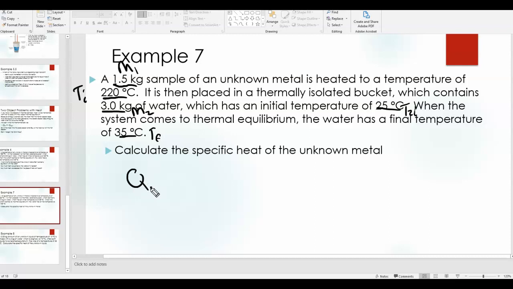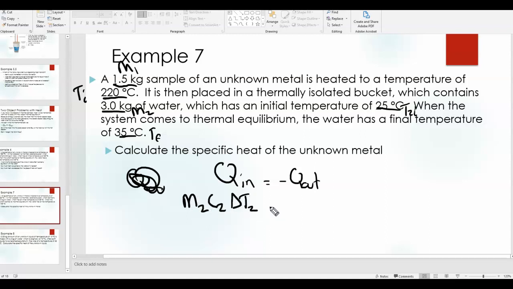So if I use the equation Qin equals minus Q out, watch how I do this. So Qin, it's going into the water, so that's M2 times C2 times delta T2 equals minus Q out. That would be M1, C1, and delta T1.